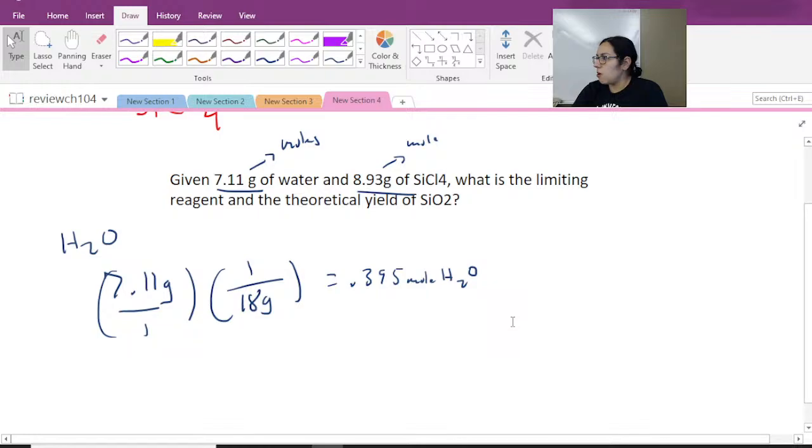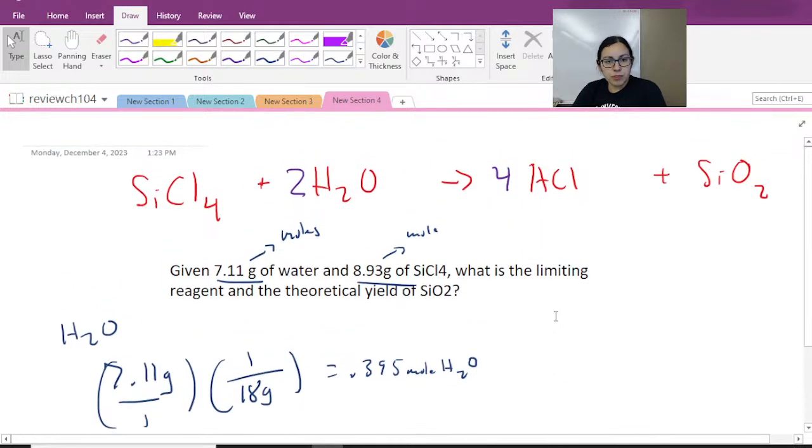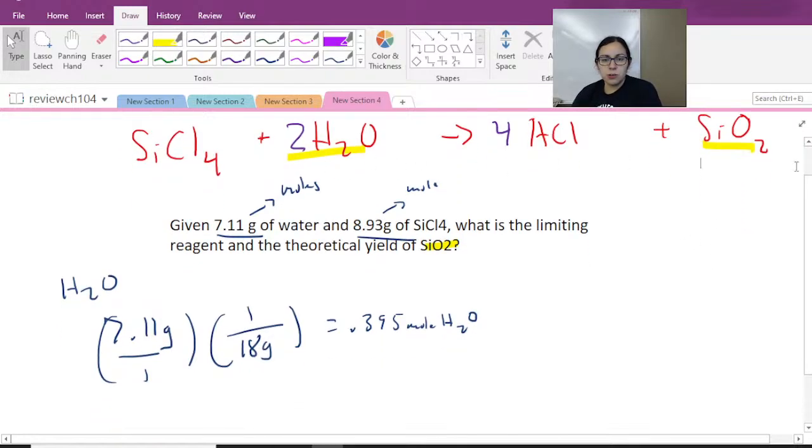And then what do we do with this information? So I have moles of water, so then what do I need to compare to? So mole ratio, so good. So if we care about our silicon dioxide, let's look at water and silicon dioxide. So they're in a 2-to-1 ratio. And now let's find moles of silicon dioxide.